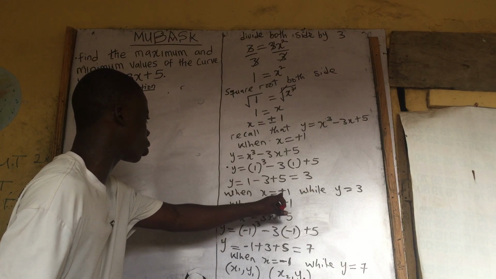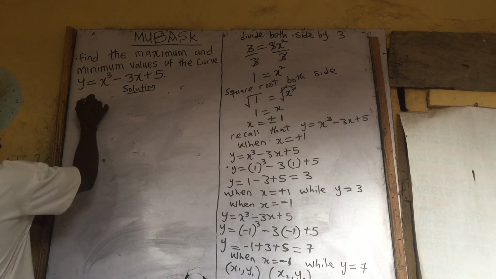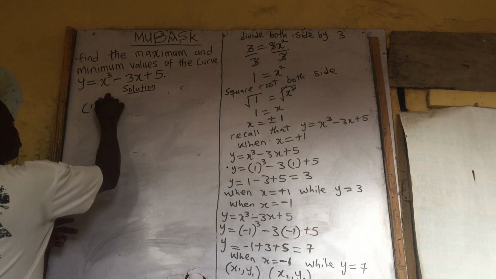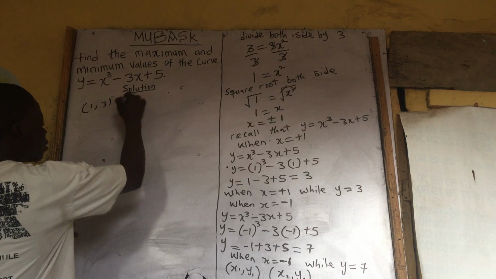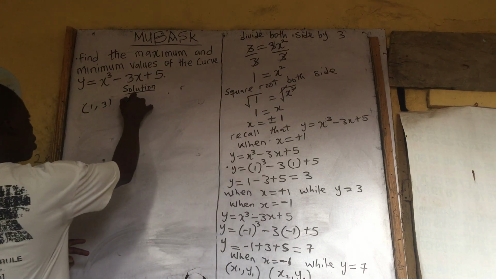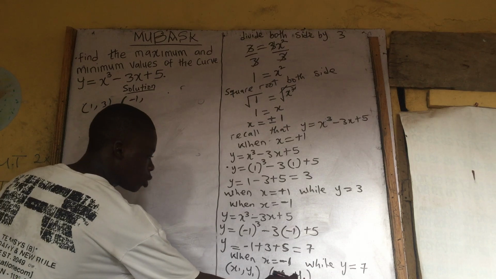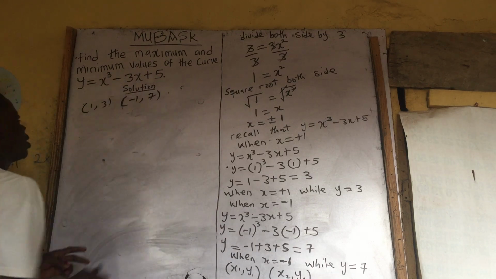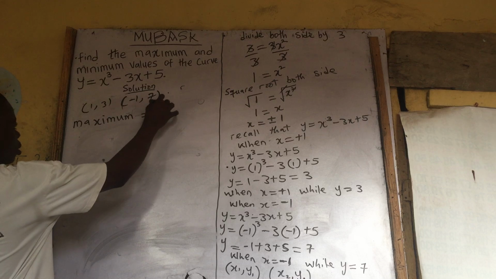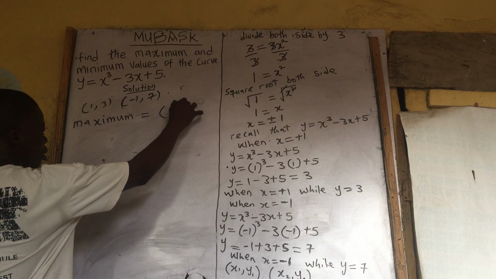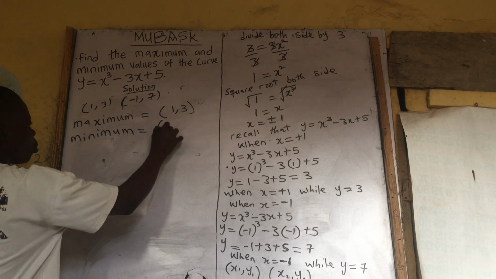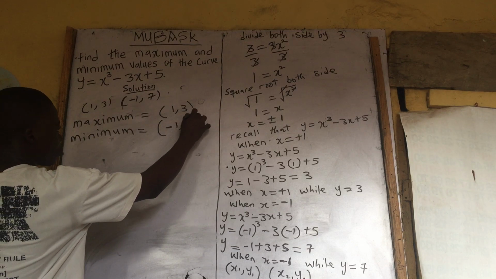Our first x is plus 1, and our y1 is 3. Our x2 is minus 1, and our y2 is 7. So our maximum equals (1, 3), and our minimum equals (minus 1, 7).